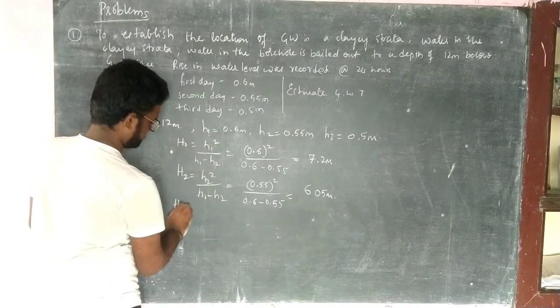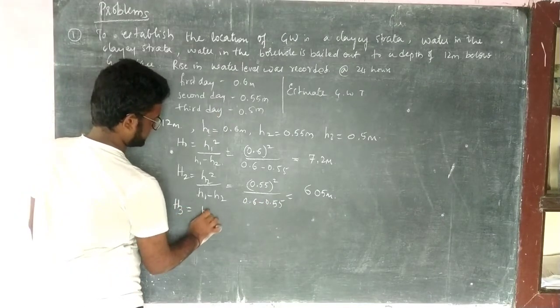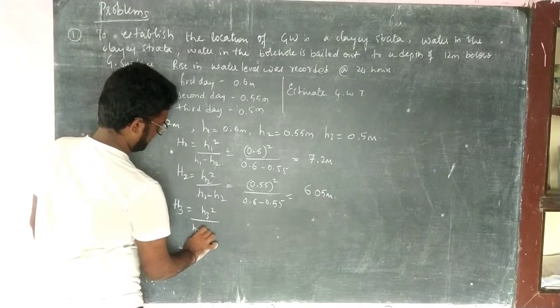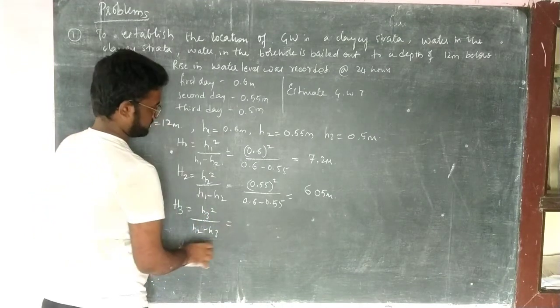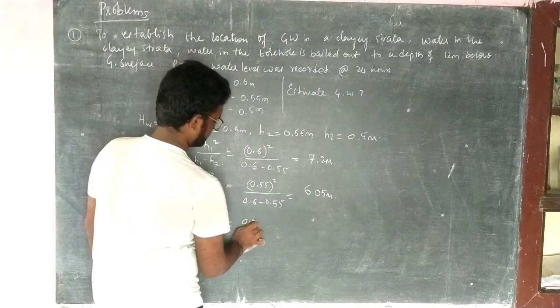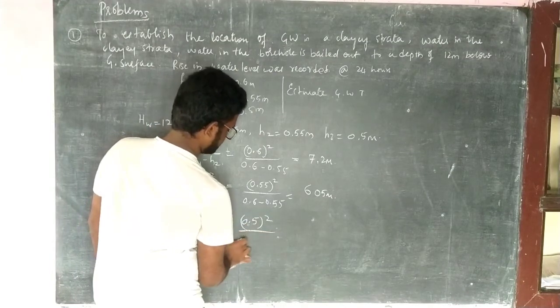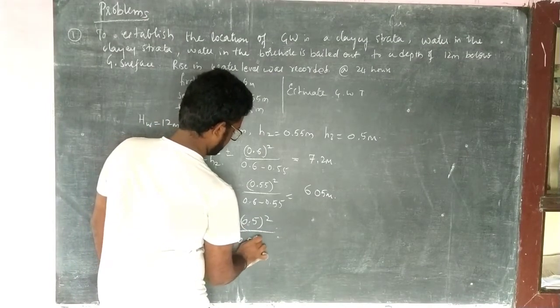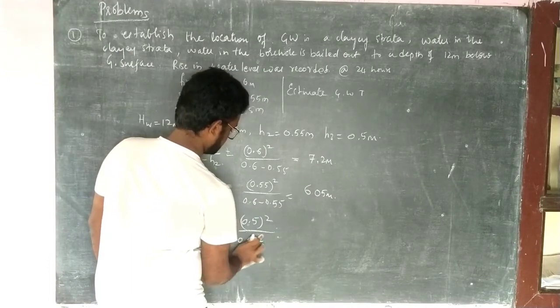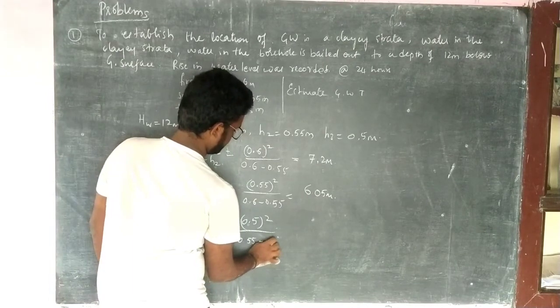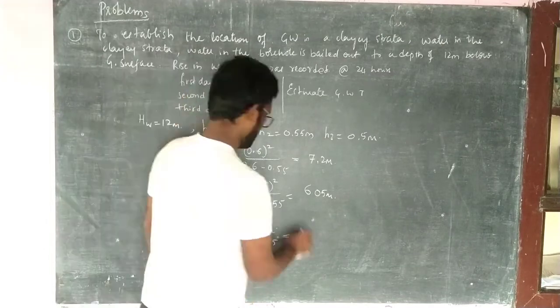So h3 is equal to h3 square by h2 minus h3. What is h3? 0.5 square by 0.55 minus 0.5, okay, 5 meter.